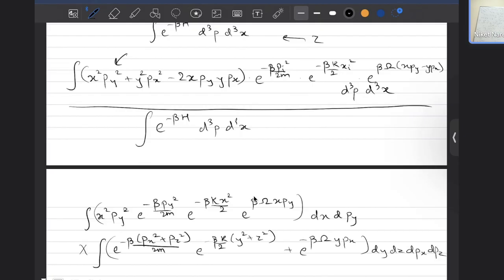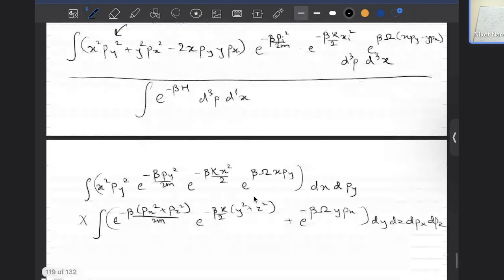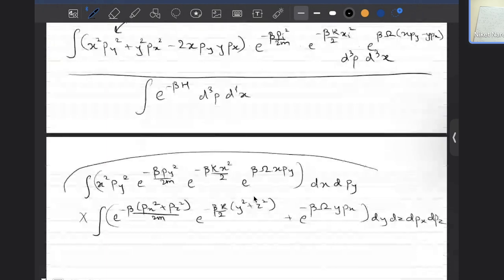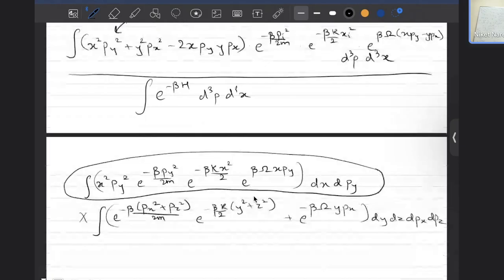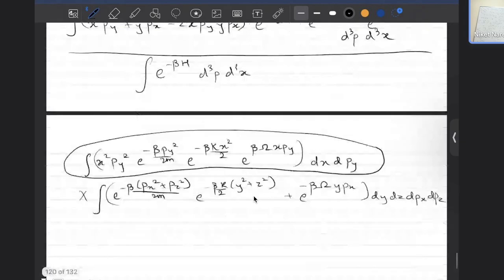Now again, even within the first term, I am first evaluating only this, because here I have a prefactor which I have to take care of, so I have to be careful evaluating this.